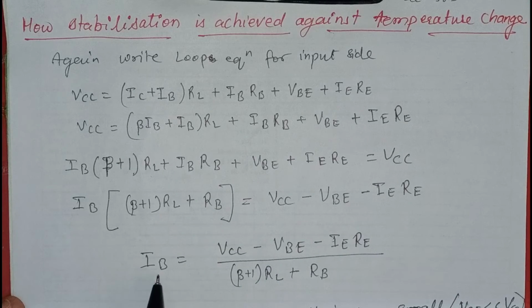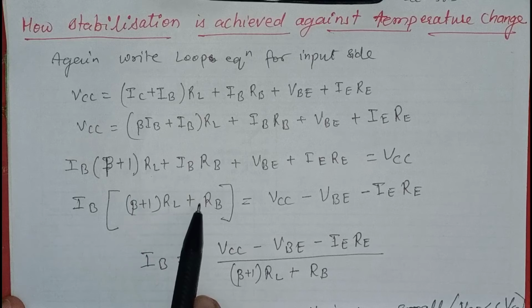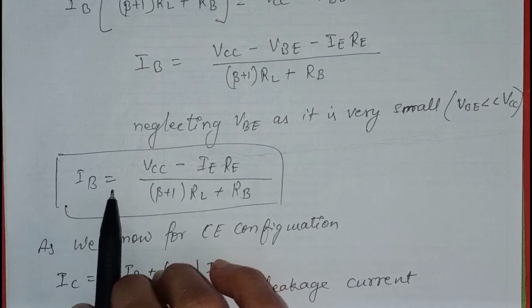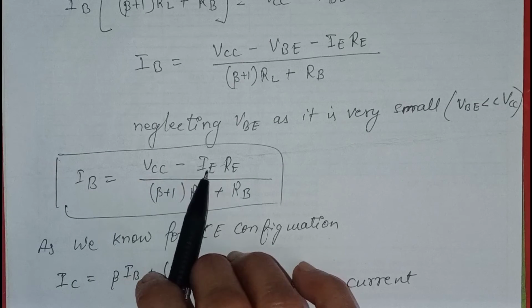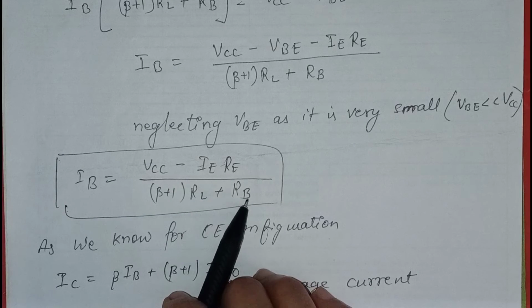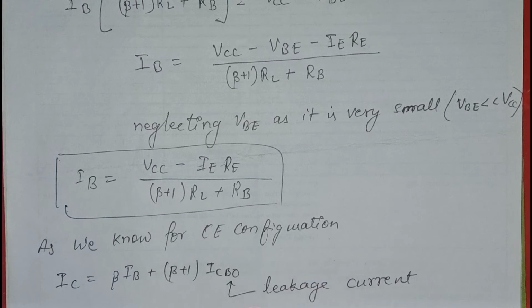Now we will find out IB by taking this term in the denominator. Now we can neglect VBE because this is very less than this VCC. So we can neglect this VBE. Now the equation for IB will be IB equals to VCC minus IE into RE upon beta plus 1 RL plus RB.